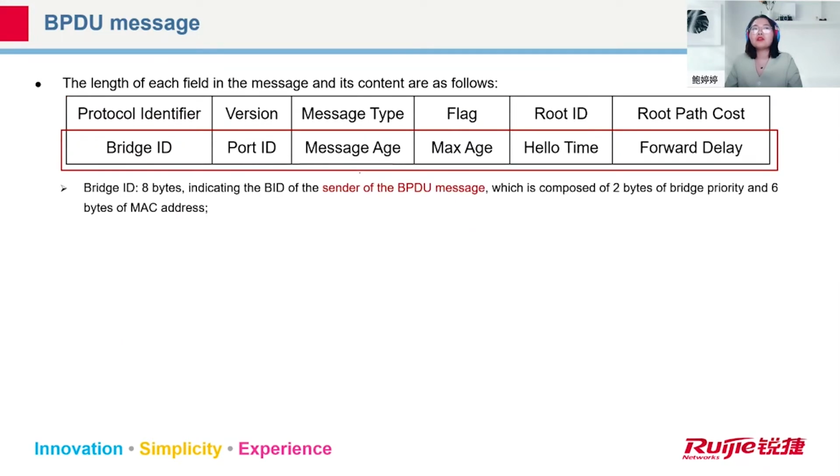And the second line is the bridge ID. Bridge ID is the ID of whoever sent out the BPDU. Pay attention. In some scenarios, the root ID and the bridge ID will be the same. What's the scenario where they will be the same? Who can give me some answer?